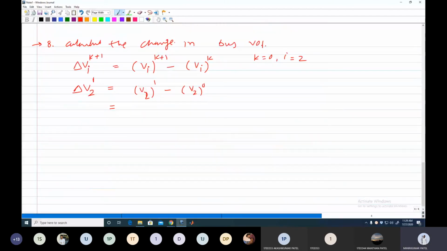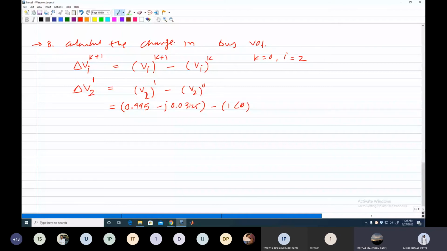Just substitute it here. So it is 0.995 minus j 0.03125, minus, what is the value of V2 0? The value of V2 0 is 1 angle 0, or 1 plus j0.